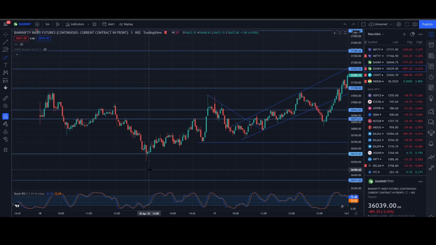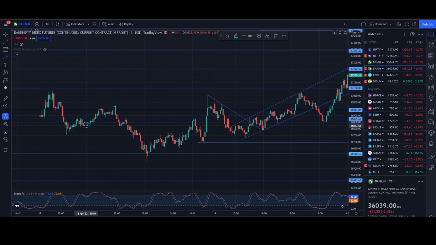So let's dive in without wasting any time and understand what trade we took on the 18th of April and how much money we made. We took a trade approximately over here. I saw that the market was going up and down, but I believed the market would be stable after approximately 10:45.